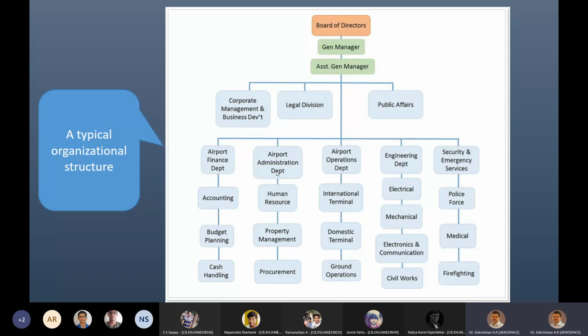Similarly, communication and civil works, etc. The construction works and maintenance of the runways, etc., all come under the civil works. So all that are reporting or are organized under the engineering department.